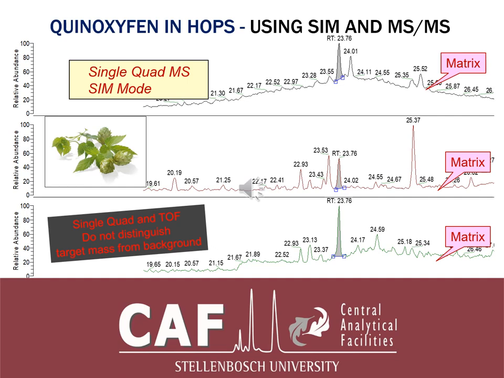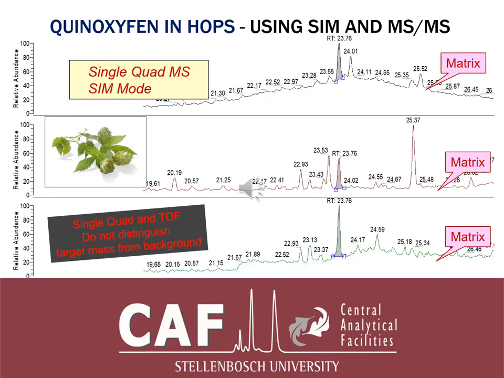I mean, look how that peak looks like from QuEChERS, and then you'll see when you go to the MS/MS how it gets filtered, how much better it looks, and then you'll see there's just an explanation of how MS/MS works.